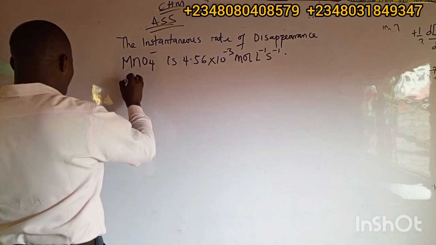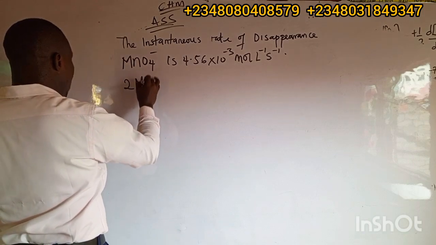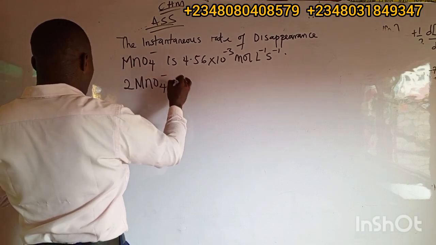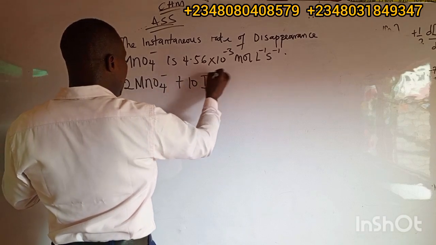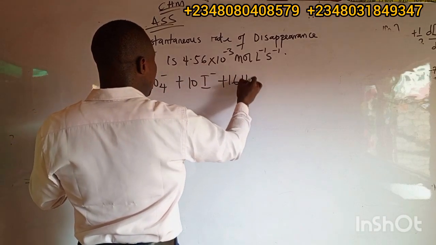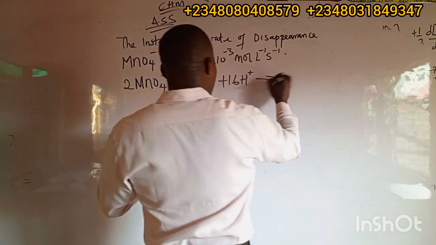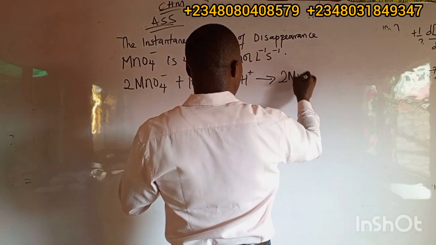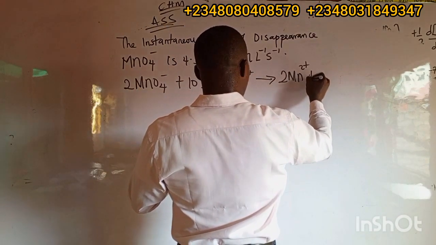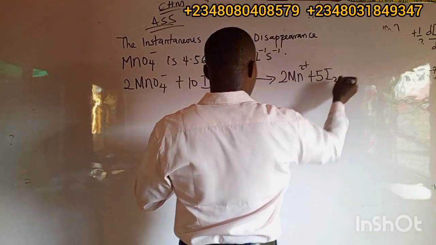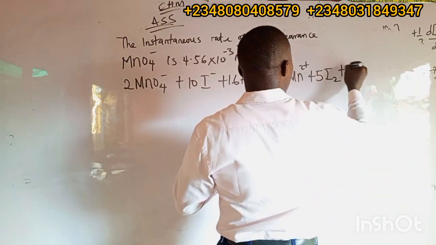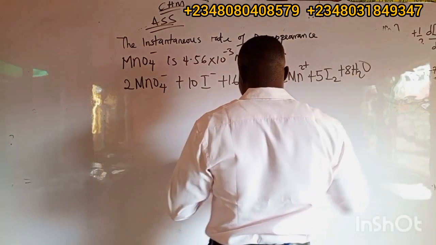According to the reaction below, 2 MnO4 minus plus 10 I minus plus 16 hydrogen ion gives 2 Mn 2 plus, 5 moles of I2 plus 8 moles of water.